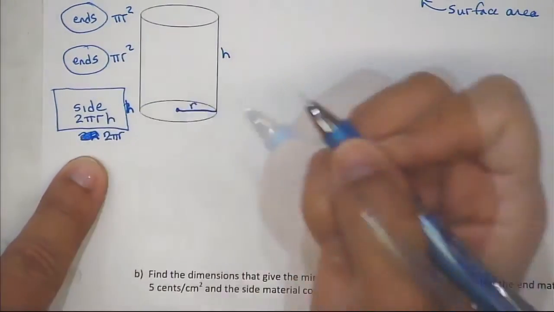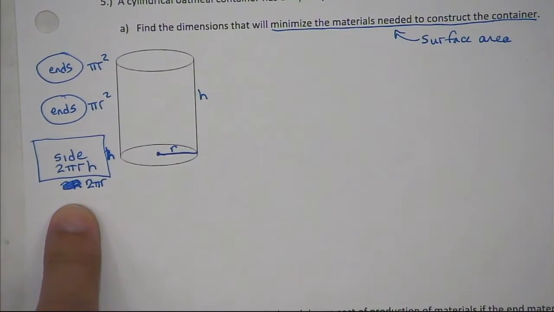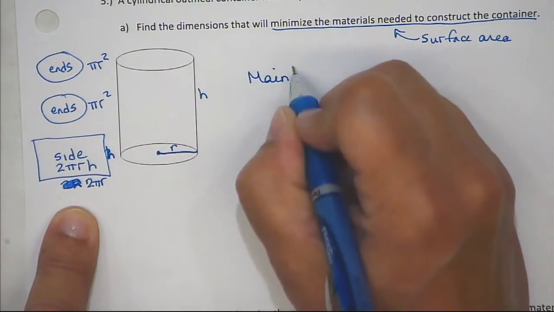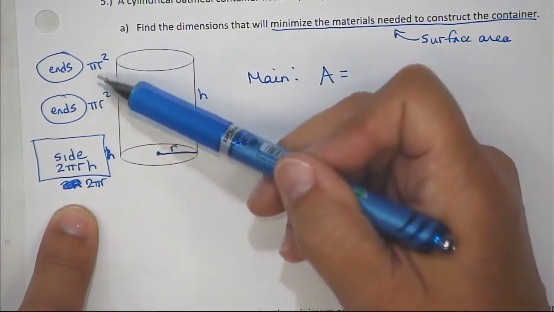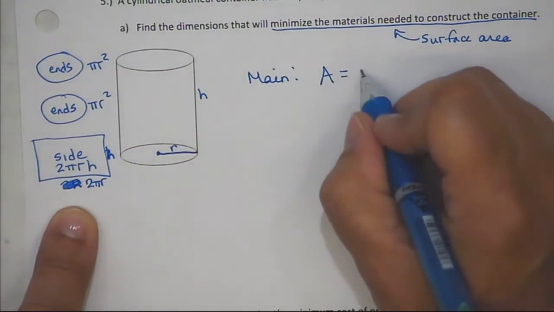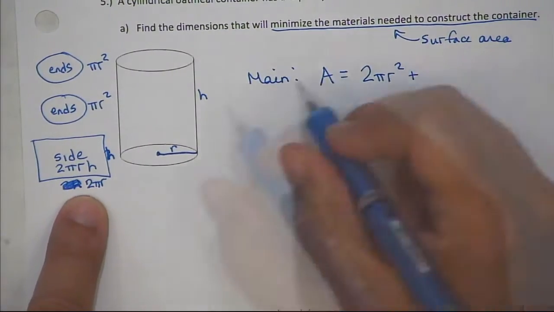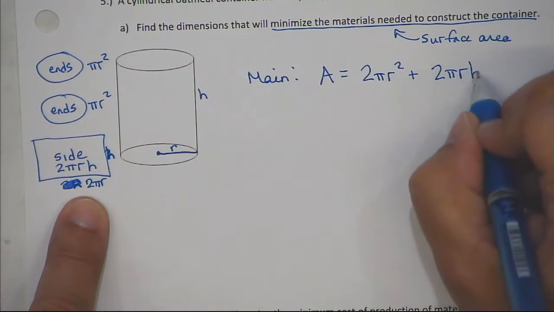Just trying to get everything set up so that I can write my formula. All right, so the area, our main equation, what we're trying to minimize, would be 2 of these, so 2 pi r squared plus the side part, the rectangle, 2 pi r h.